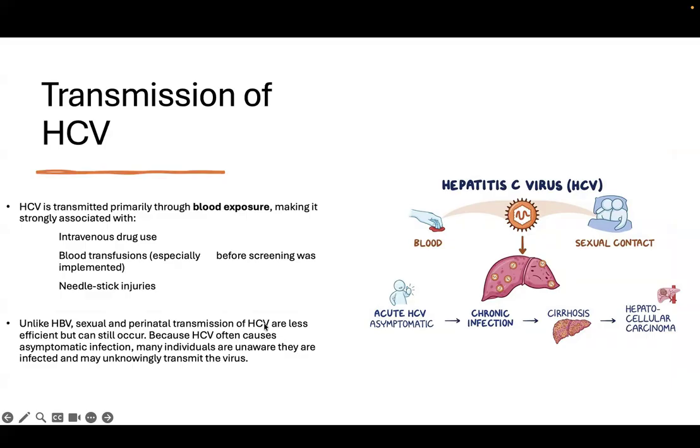Usually hepatitis C is transmitted through blood exposure. And the issue with hepatitis C virus is that it's quite asymptomatic. You do not have a lot of symptoms. It's only when you start getting very severe symptoms like cirrhosis or cancer that you start realizing that you might be infected with hepatitis C.